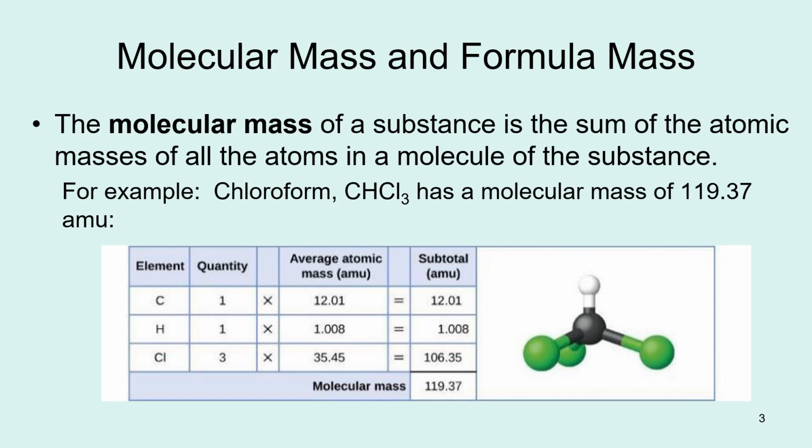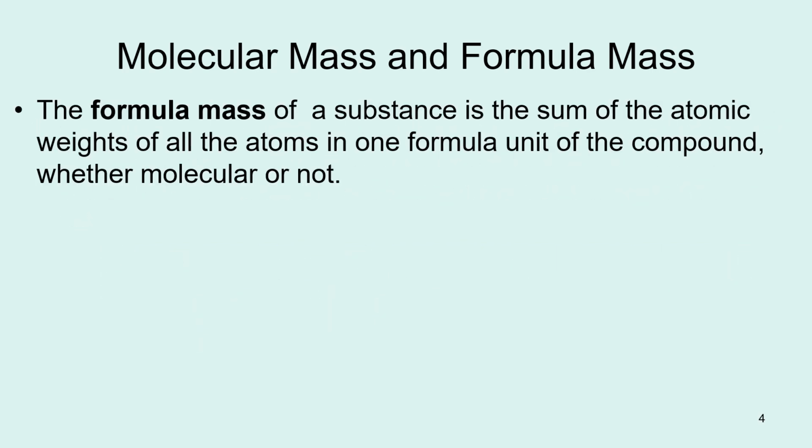All right, let's look at another example. Now, remember I said earlier that ionic compounds are actually not molecules, they're formulas. So we can also define the formula mass of a substance, and it's just the sum of the atomic weights, or the atomic masses, of all the atoms in one formula unit.